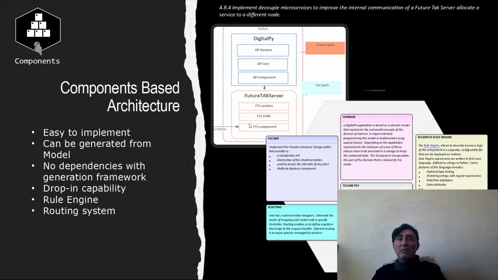First off, a component is something that is easy to implement. If you have seen the video regarding digital engineering, we plan to generate up to 90% of the code of a component. The second aspect is that the component has a drop-in capability.